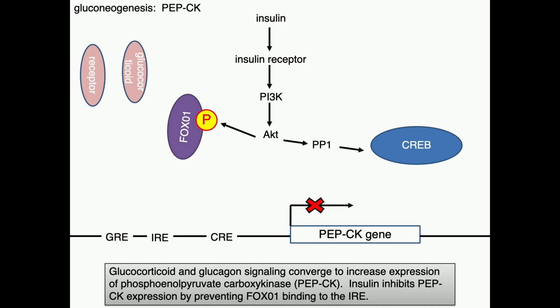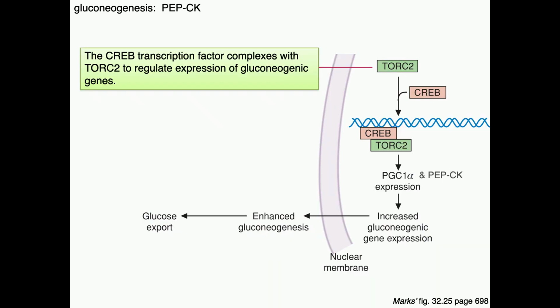That transcriptional regulation of the PEP-CK and also the glucose 6-phosphatase and fructose 1,6-bisphosphatase, that's a drug target for the treatment of metabolic syndrome and some types of diabetes.